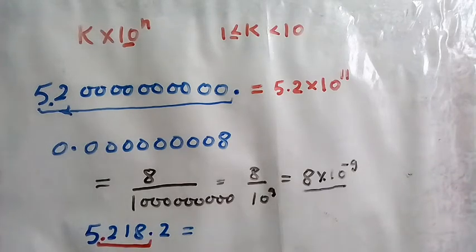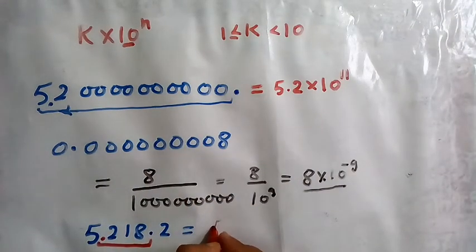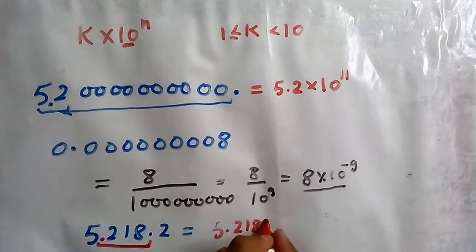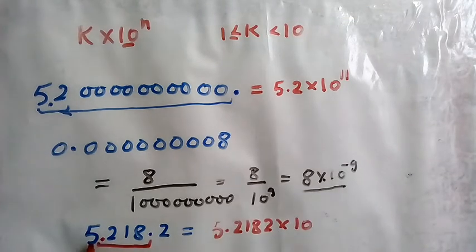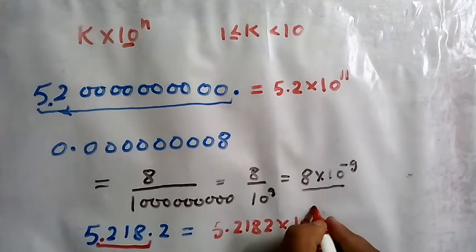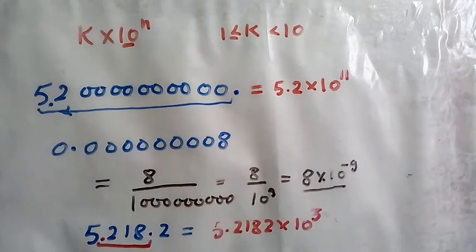It will become 5.2182. Your k is 5.2182, multiplied by 10 raised to power. Now see, 3 digits are there between the new decimal and old decimal, so the power will be 3. Why is it positive? Because the number was large.